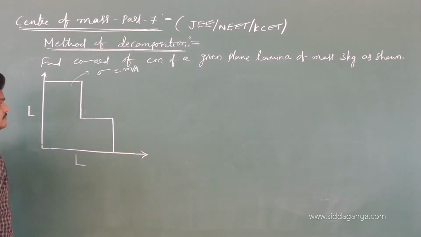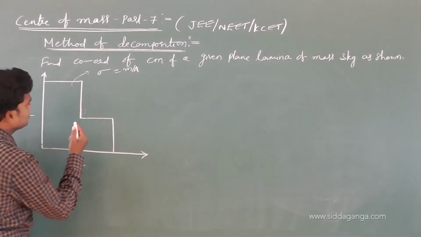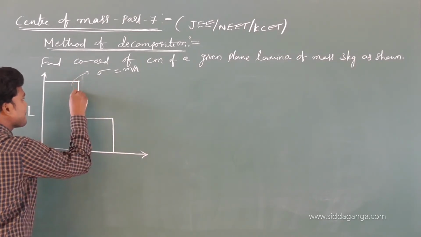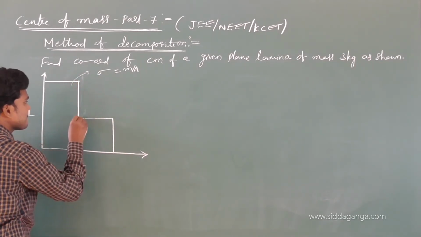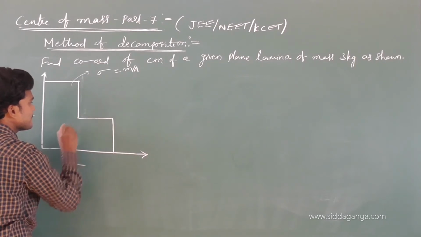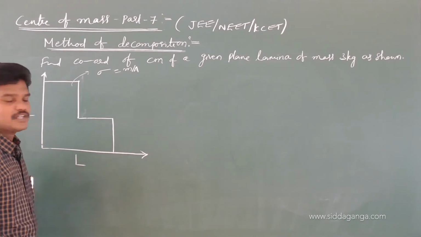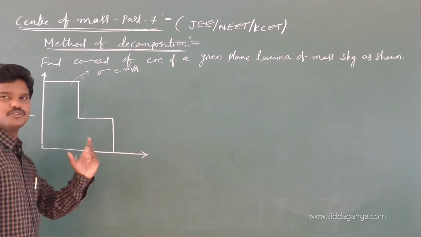See, the mass of the plane lamina is given, how much? 3 kg. Let us divide this plane lamina into some parts.